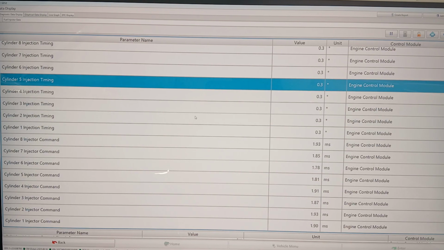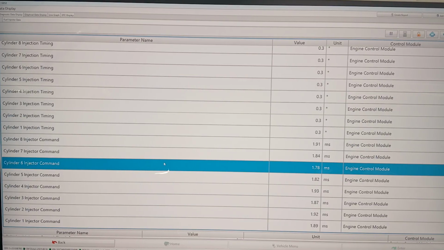Let's look at our injector command. So you're looking at your injector on time. We'll just highlight cylinder 6 here. Injector on time. We have this on gas engines we've had for years. How long we turn the injector on, measured in milliseconds.